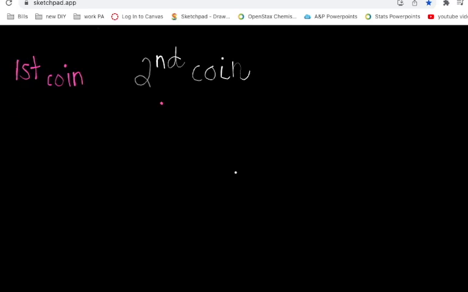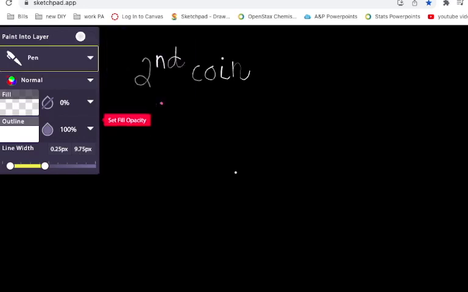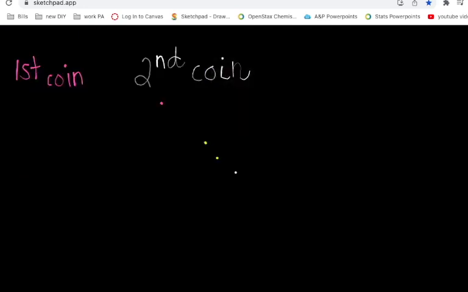And then we have our 3 flips, and I will do them in yellow. So this would be our sample space.